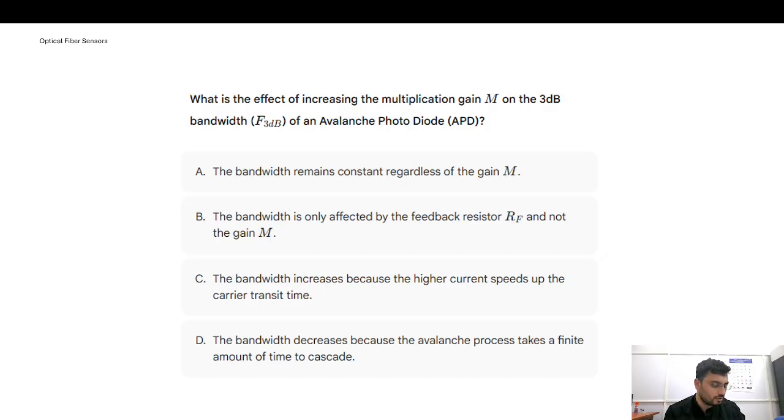Did you understand the concept of bandwidth? Let me write the equation here. We have discussed bandwidth.